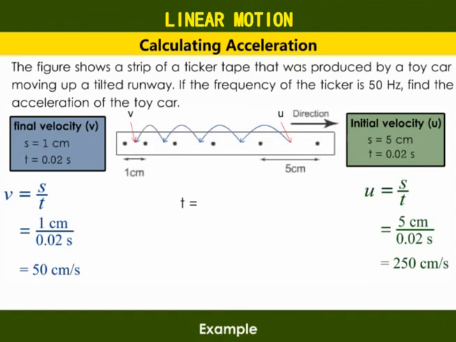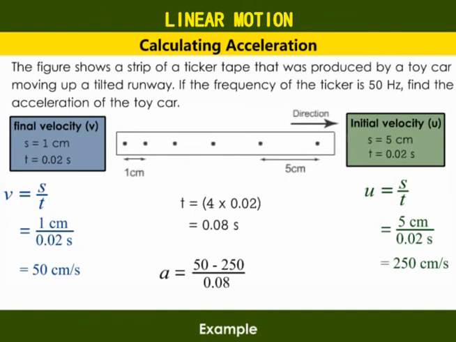If each tick is 0.02 seconds, then this will be equal to 4 times 0.02, giving us 0.08 seconds. And acceleration is equal to (50 − 250)/0.08, and that gives us −2,500 centimeters per second squared. Negative acceleration is also called deceleration, and that is expected because the toy car was moving up the runway.